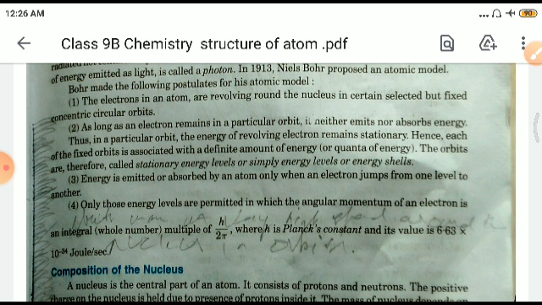Energy is emitted or absorbed by an atom when it jumps from one level to another. Only those energy levels are permitted in which the angular momentum of the electron is an integral whole number multiple of h by 2 pi, where h is Planck's constant, with a value of 6.63 times 10 to the power minus 34 joule-seconds.